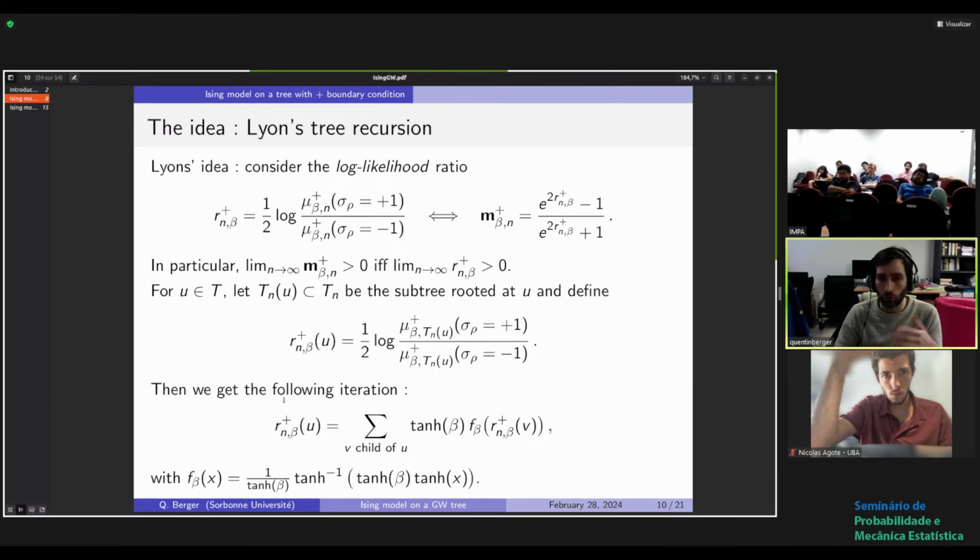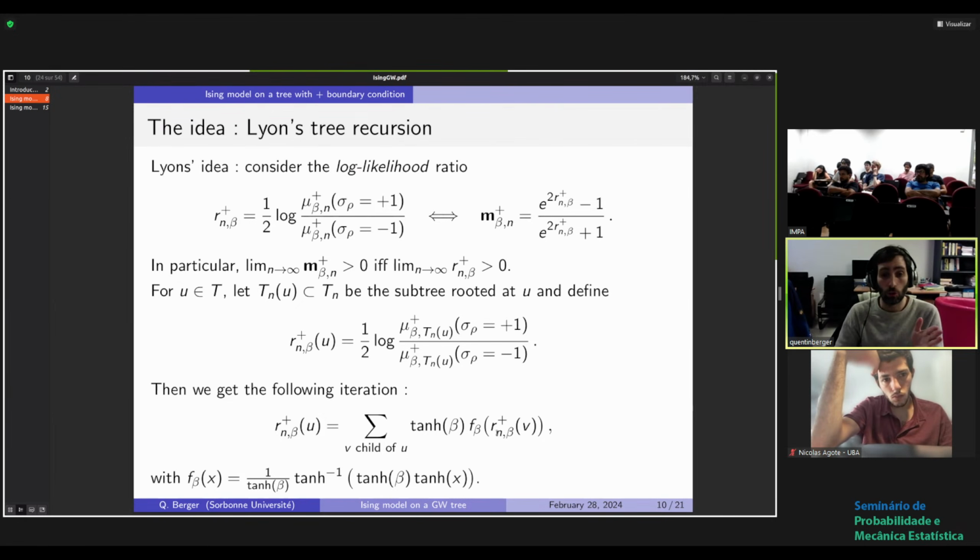Then after some calculation, which is not really complicated, you find that you have an iteration: the log likelihood ratio at a vertex u is the sum over its children v of a function of the log likelihood ratio at v. I've put it in that form for convenience later.